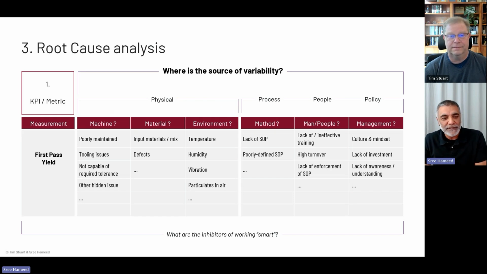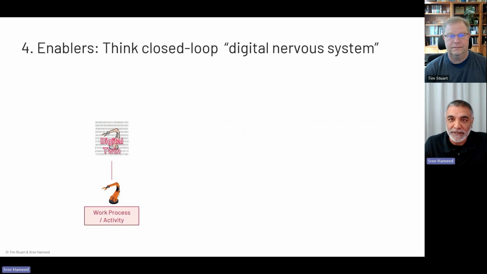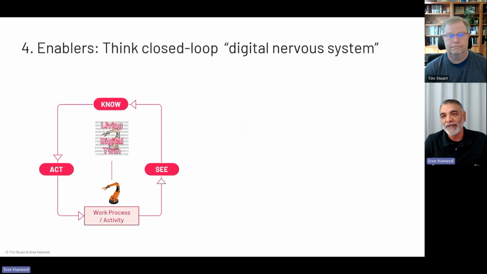So that also brings us to the topic of enablers. Industry 4.0 has introduced a new language with words like digital twin, smart manufacturing. So in our use case framework, we are introducing the concept of a digital nervous system.